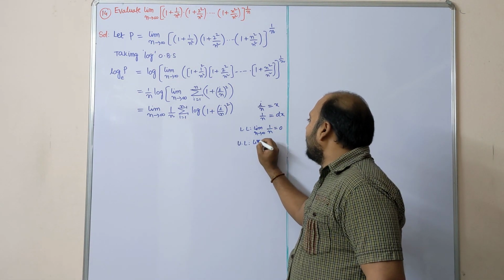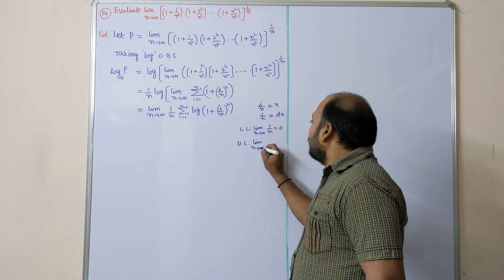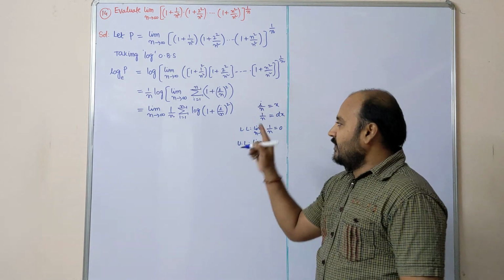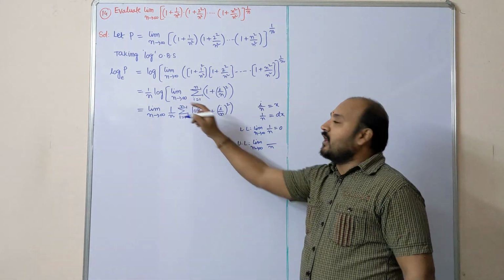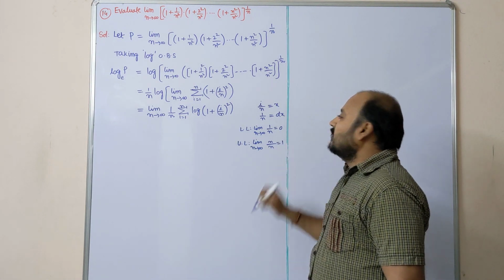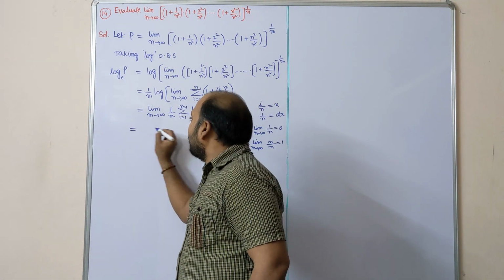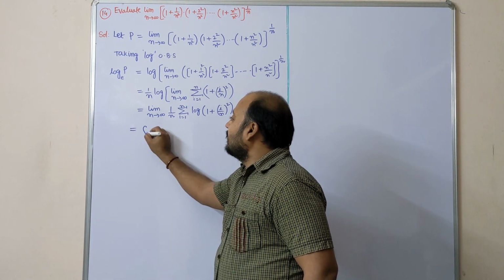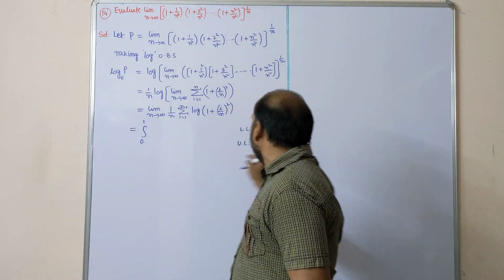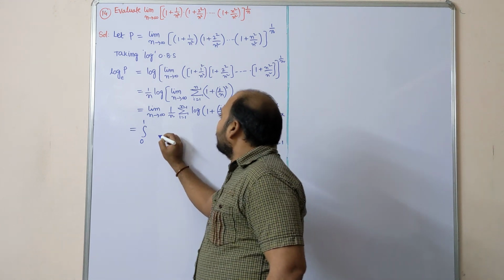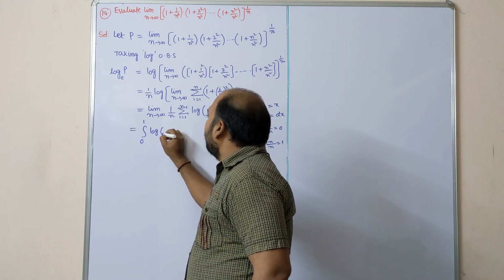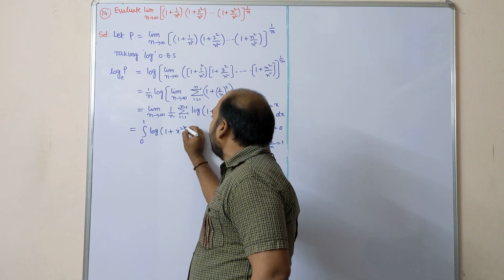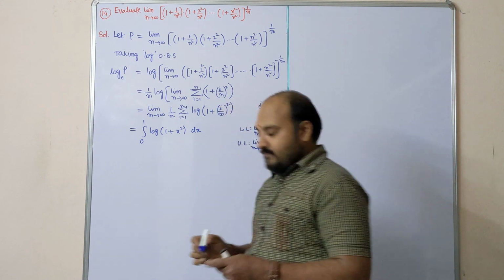Upper limit, limit n tends to infinity, total partitions of interval is n and final value of i is n. So wherever 1 by n is there, dx. The limit and this sigma will become integration 0 to 1, lower limit to upper limit, and log of 1 plus x square into dx.